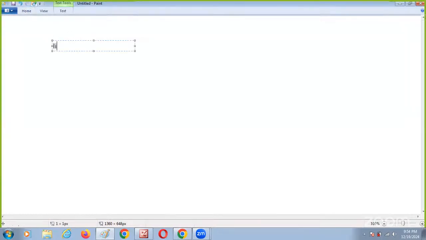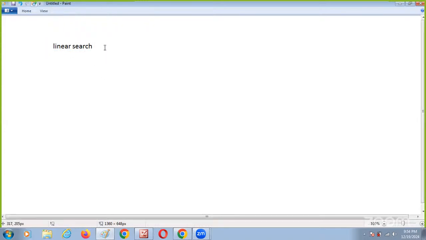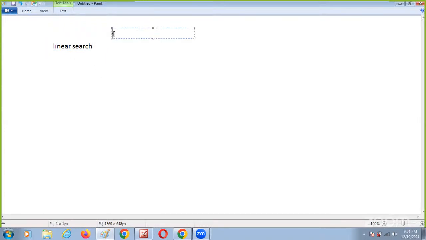In linear search, what is the worst case time complexity? What is the worst case? And what is the average case? And next, what is the best case?